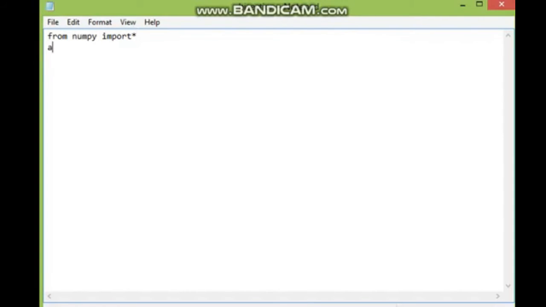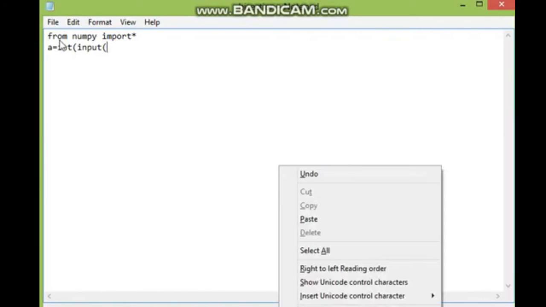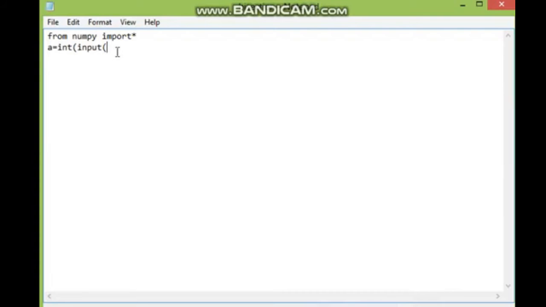Then we have to give the limits. Let's say a is my first limit, and I am giving it as an integer value. You can also give it as a float value. So I have given this as input: enter the first limit.